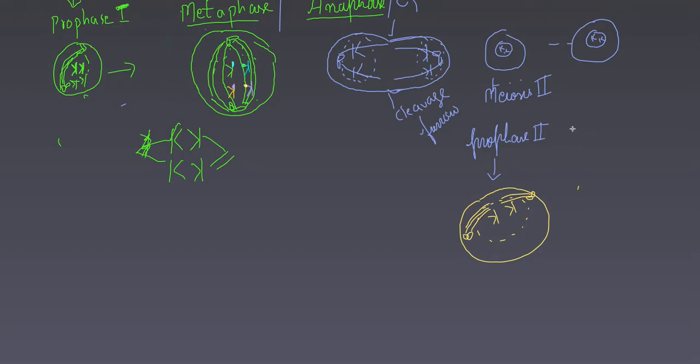And again, in prophase and metaphase 2, what happens is that the chromosomes start to align. So now you have this huge cell, and you have these centrosomes on the opposite side, and you have these microtubules, and so let me draw this.